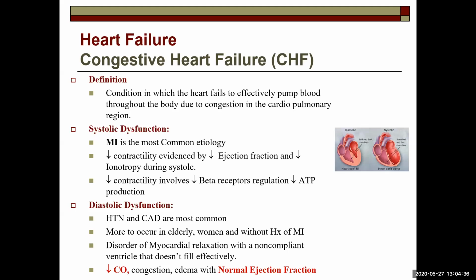The ejection fraction that goes out from the ventricles could be normal, because that's the amount of blood that goes out, but when the heart is congested, it doesn't mean it will be within normal volume.